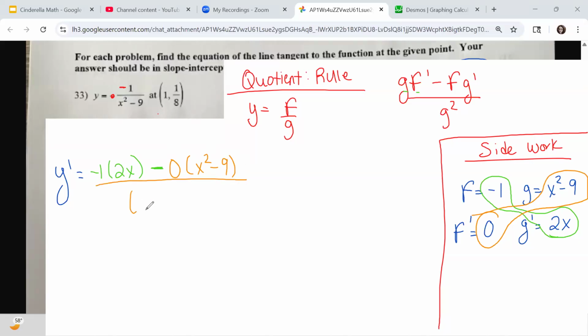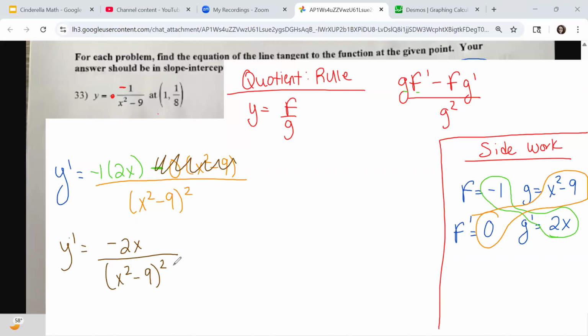So that's the original bottom, the whole thing, squared. Alrighty. So anything times 0 is gone. And we are left with y prime is -2x over x squared minus 9 squared. But that is not what we had.